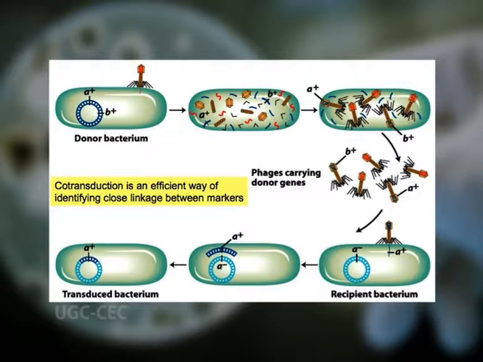This phenomenon is called co-transduction. The likelihood that two genes will be co-transduced depends on how close they lie. If two genes are far apart along the bacterial chromosome, they will never be co-transduced because the bacteriophage cannot physically package a DNA fragment that large.